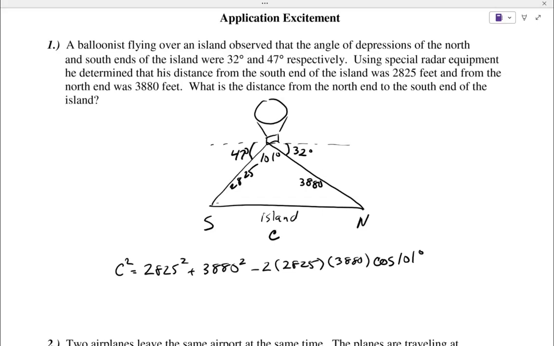So we can just use the law of cosines to figure out your opposite side, that included angle. And what do you get?